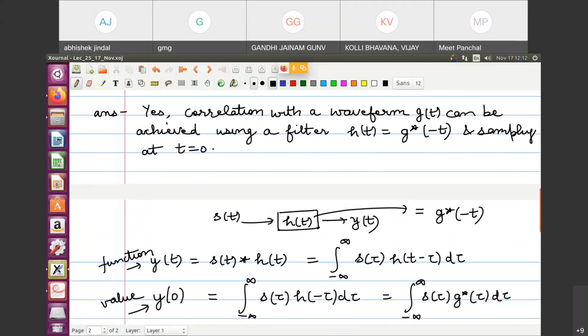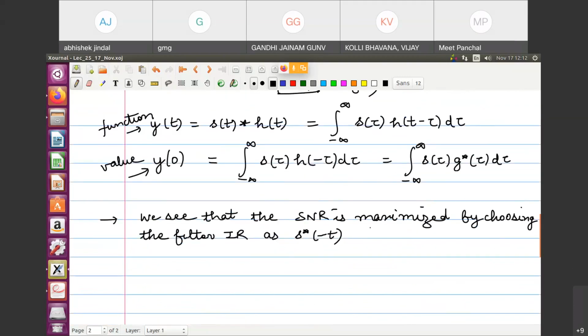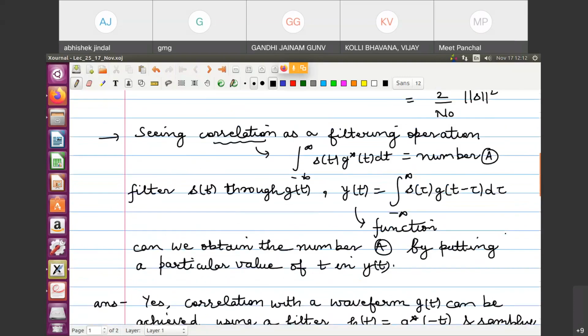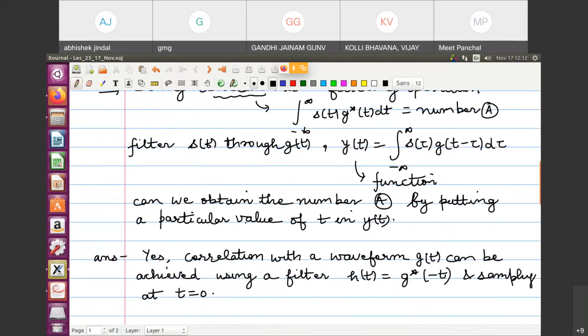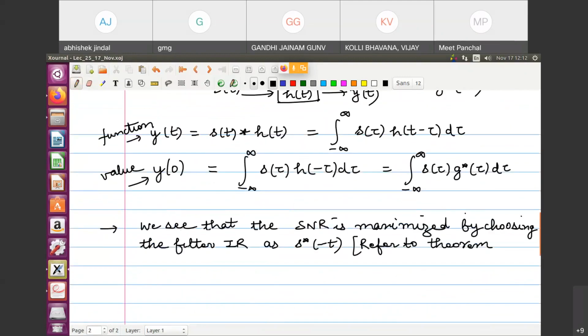Why? Because you can see this by referring to theorem 1 above.